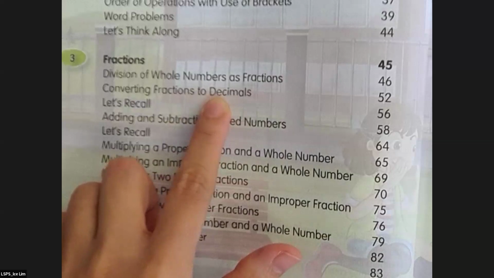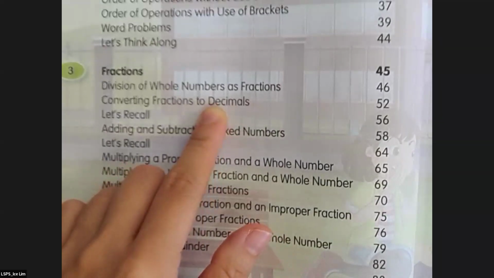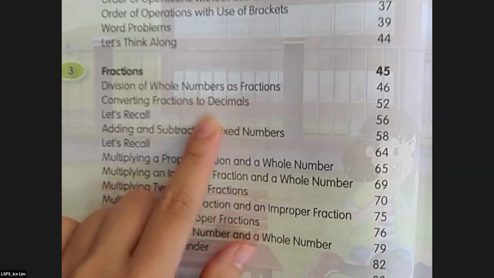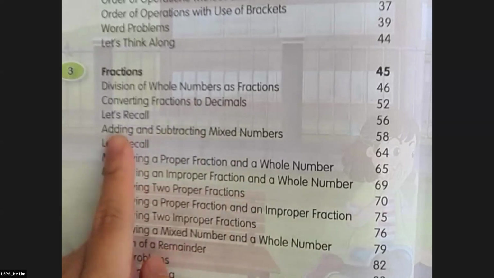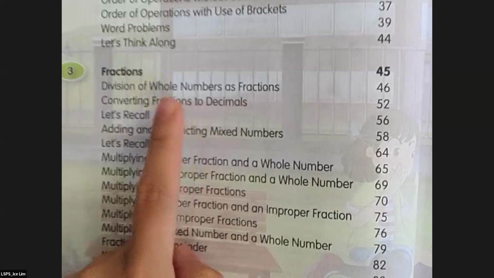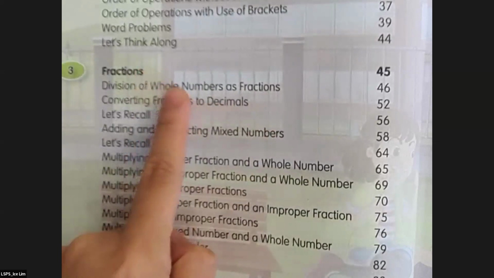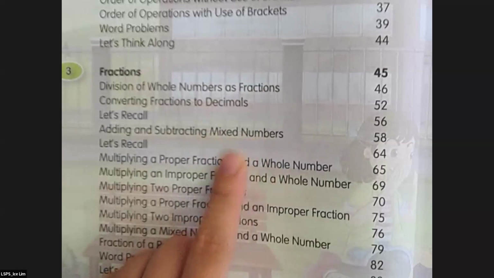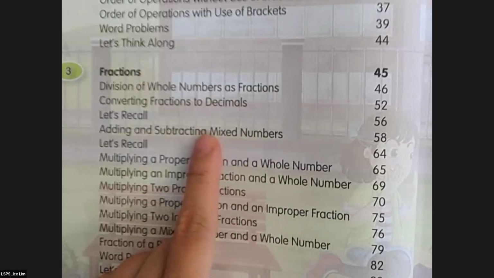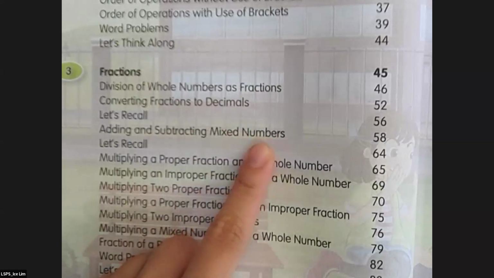Tomorrow there's a game we are going to play for fractions to decimals. And then addition and subtraction of fractions, whole numbers and fractions, mixed numbers, and different kinds of fractions.